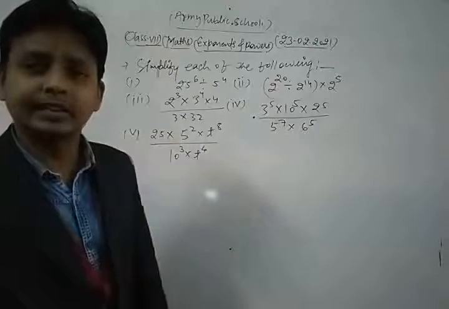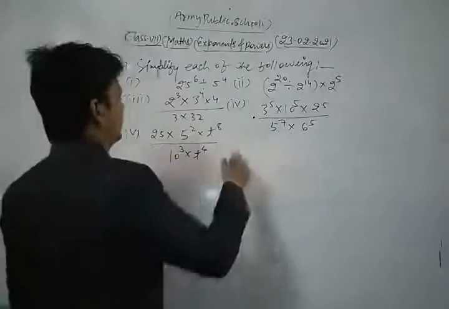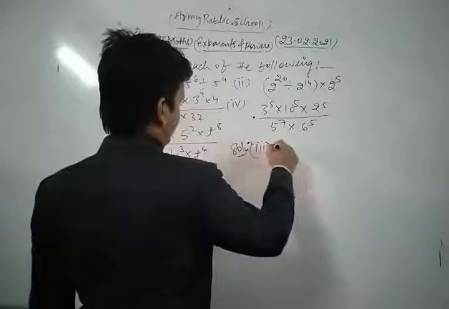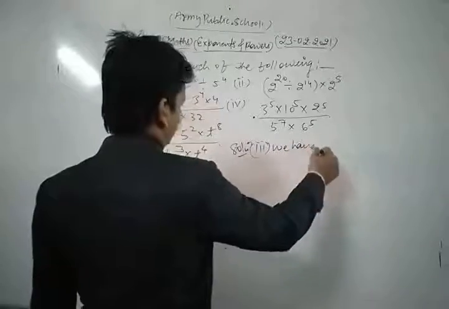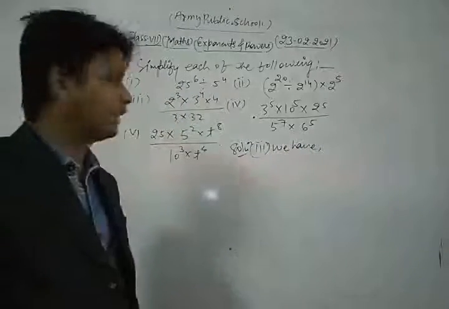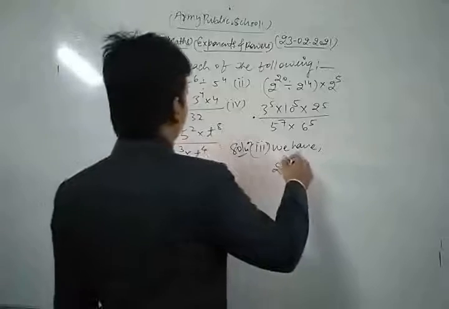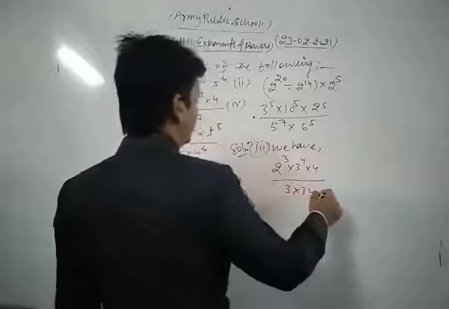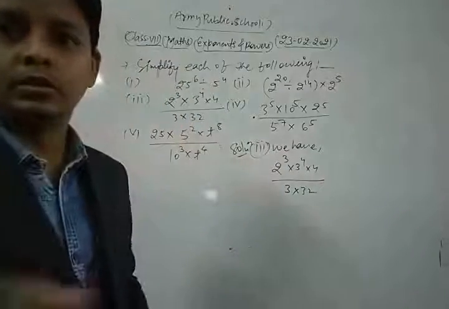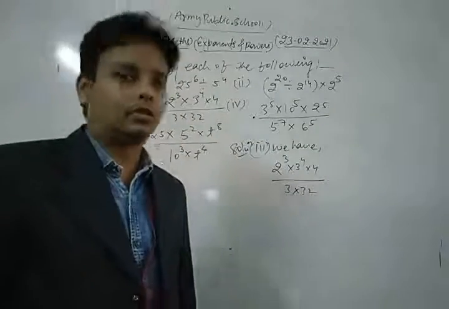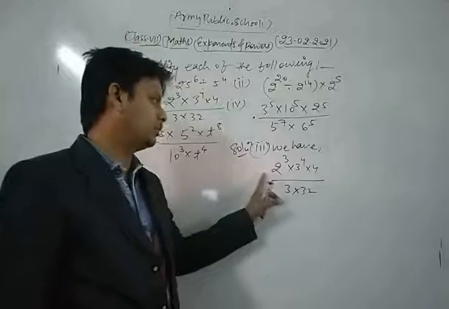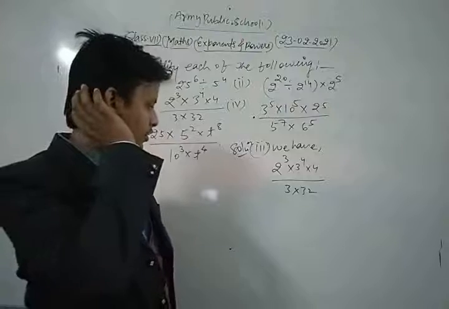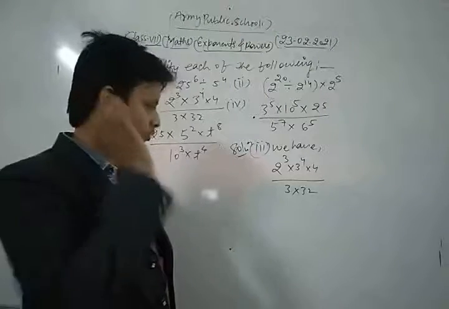Now we solve the third part of this question. Okay. First of all, we have 2 power 3 into 3 power 4 into 4 upon 3 into 32.